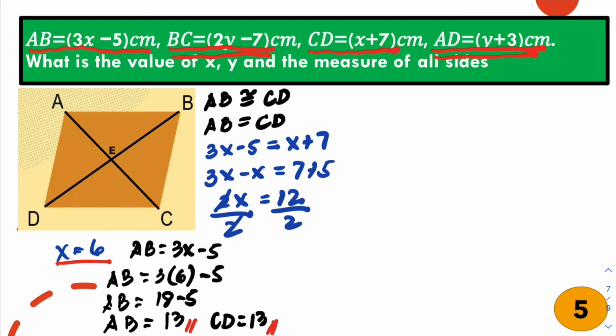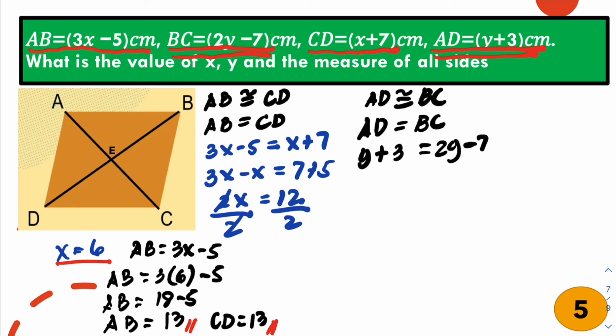Therefore, AD is congruent to BC. We have AD is equal to BC. Then we have AD is, yes, y plus 3 is equal to BC to y minus 7.